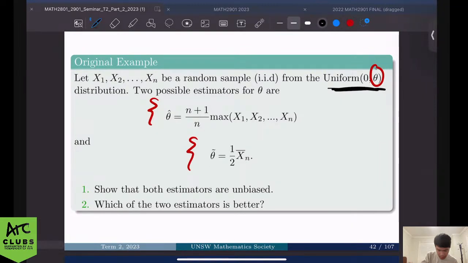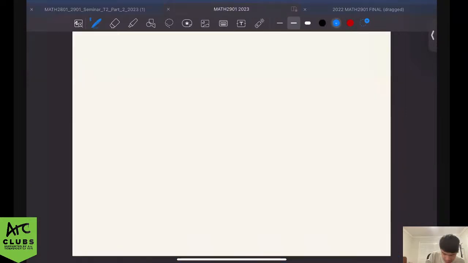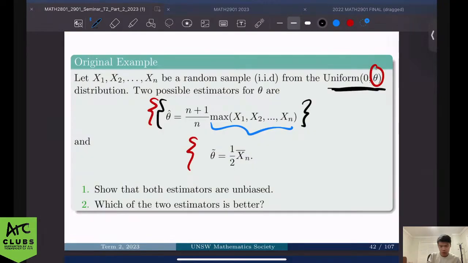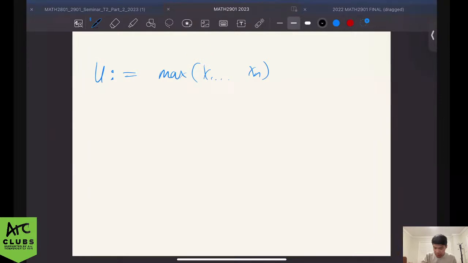Well, the max of a bunch of random variables we've done before, and we know how to calculate, for example, the PDF. U is equal to the max. And what we'll do is calculate the expectation of this guy, and then the expectation of this estimator will be that times n plus 1 on n. Okay. So hopefully we kind of remember how to do this.